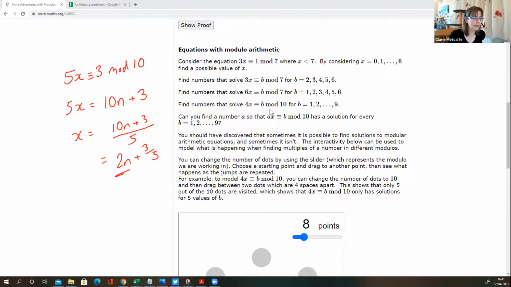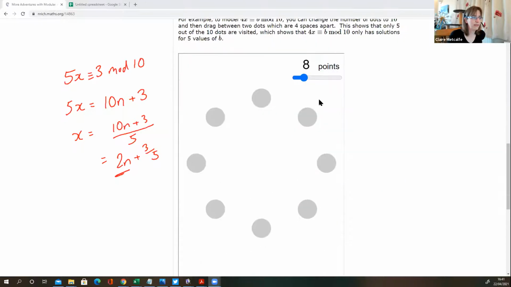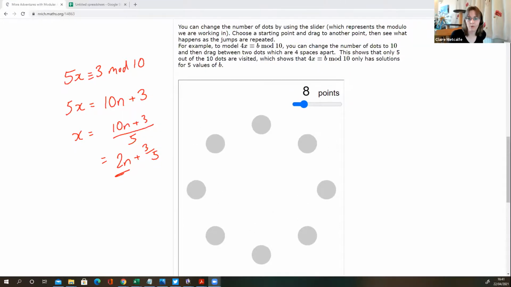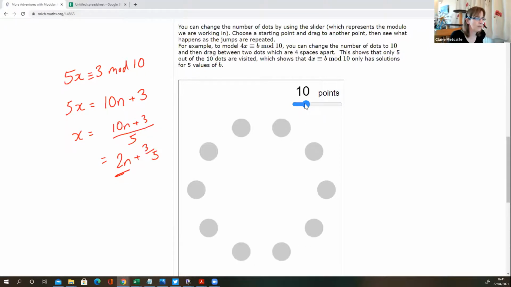At the bottom of this activity, we've put in something called stars. And stars is also a problem in its own right. But you can use this to try and illustrate what's going on. So if I think about the 6x equals 4 mod 10, I'm just going to change this so we've got 10 points.